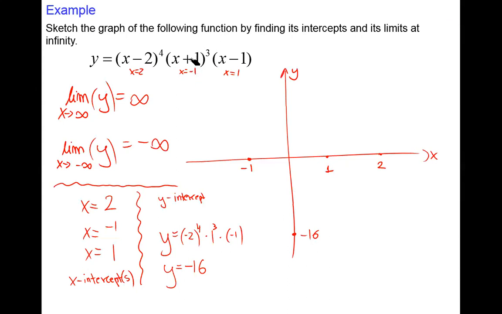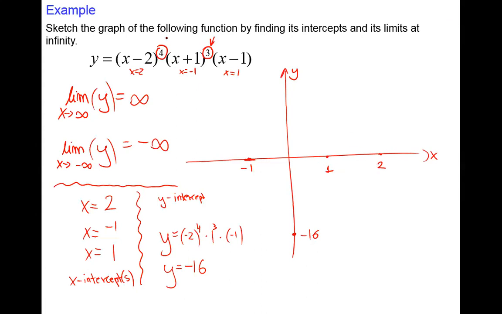Now, at negative 1, we will also intersect, but since this is a cube, the function will become more flat. If this exponent is bigger, the function becomes more flat at this point. And if we have an even bigger exponent, it will be even more flat.